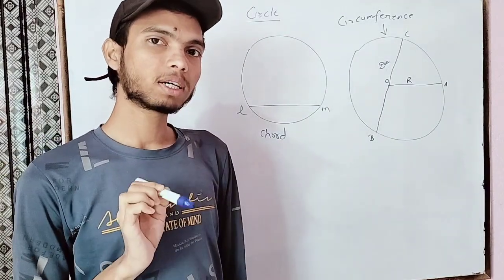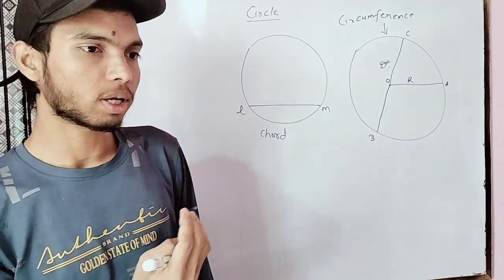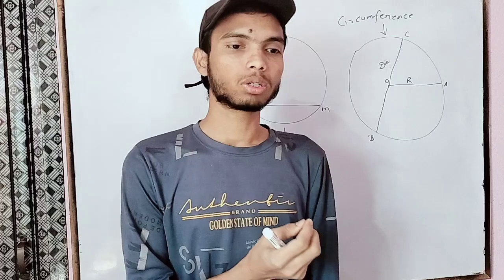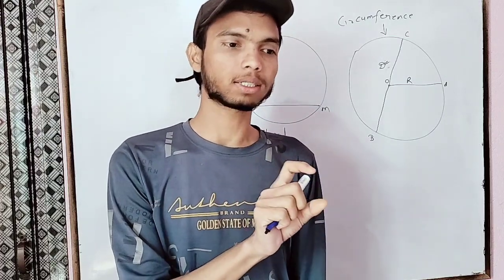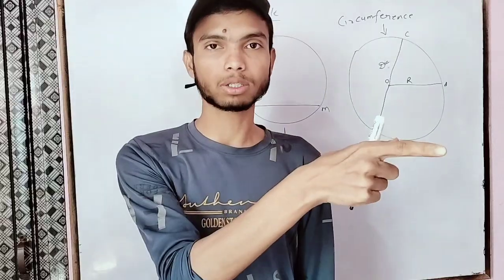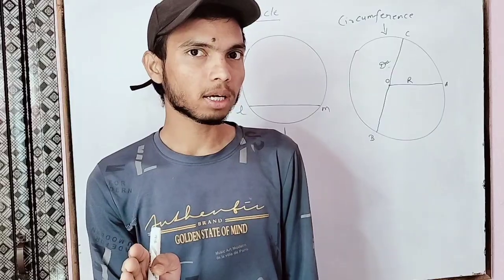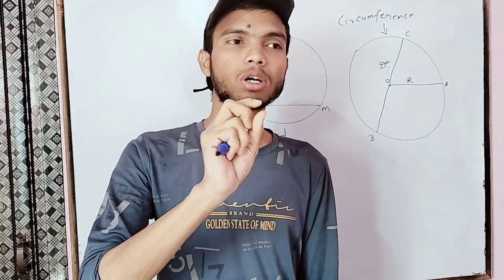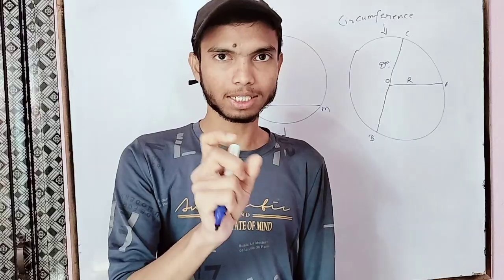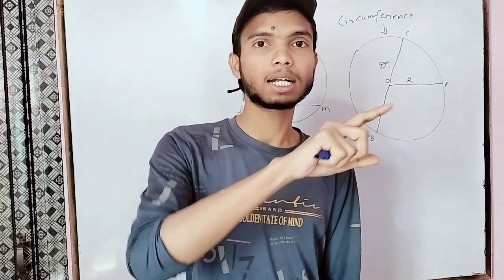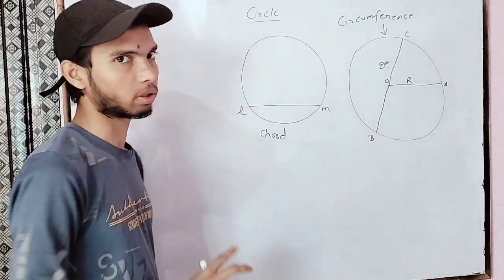If a line segment goes from a point, passing through the center, to the next point, it is a diameter. But if a line segment does not pass through the center, then that line segment is known as a chord.